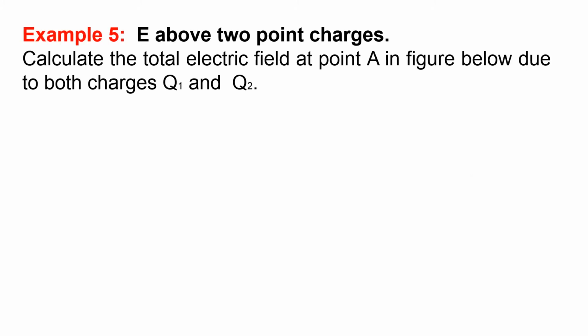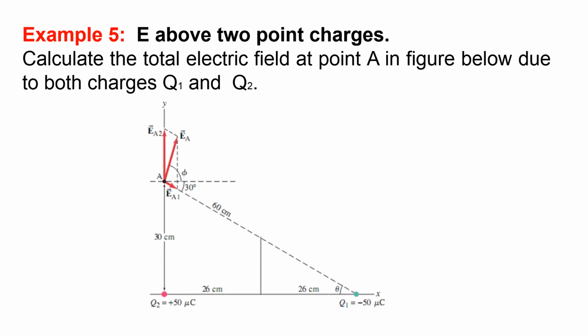Question number 5. Calculation of electric field above 2-point charges. Calculate the total electric field at point A in the figure below due to both charges Q1 and Q2. This is a superposition method.